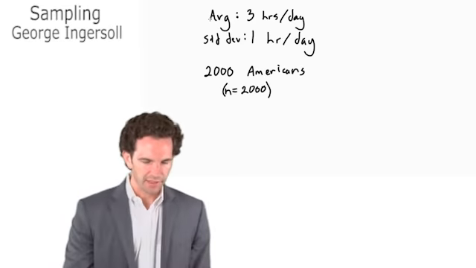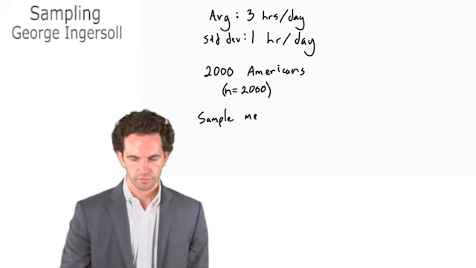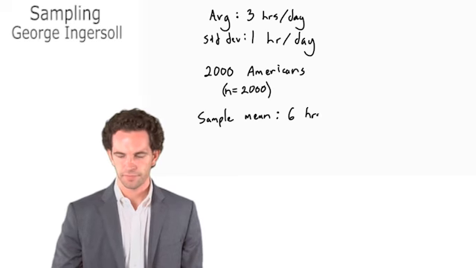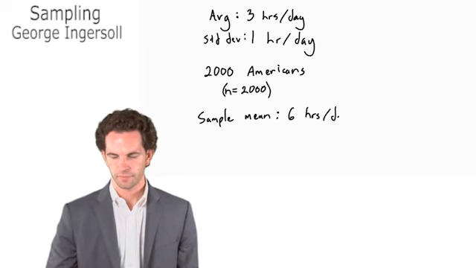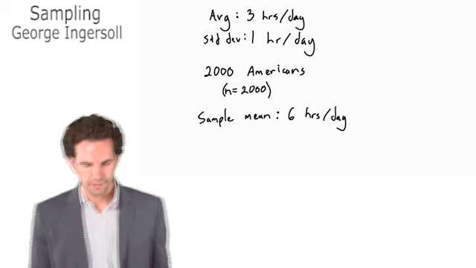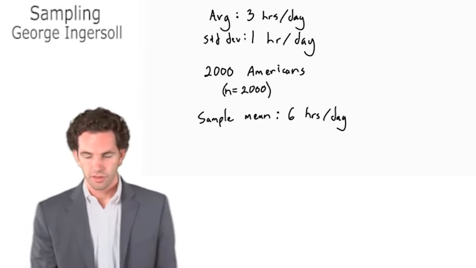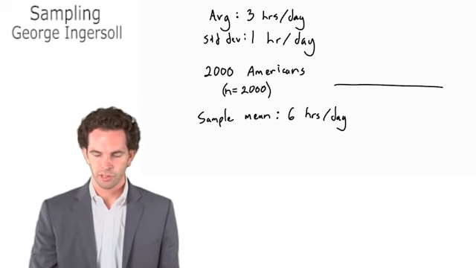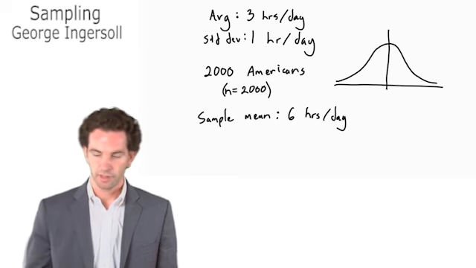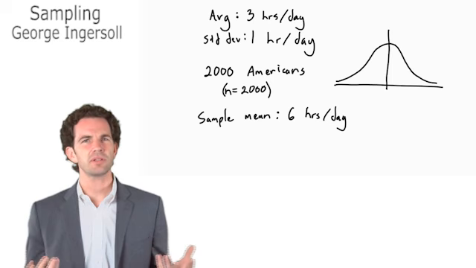And what we find is that our sample mean is 6 hours per day. What does that tell us? Well, because the central limit theorem says the sample mean should be normally distributed around the population mean, this was our assumption, right?